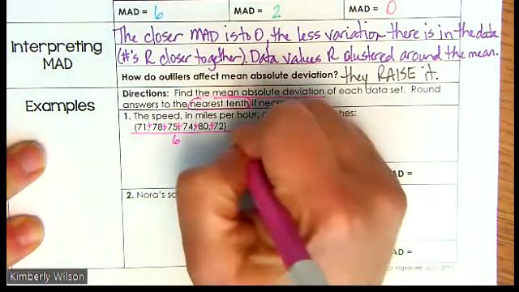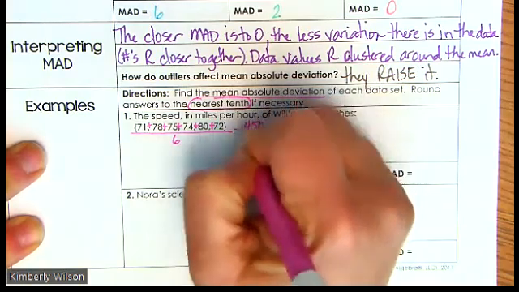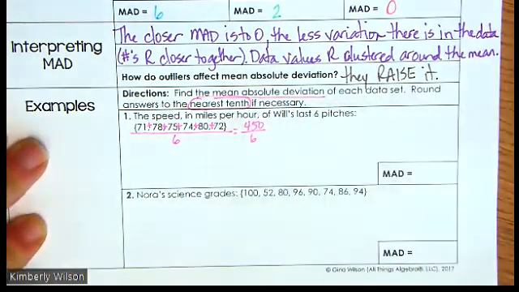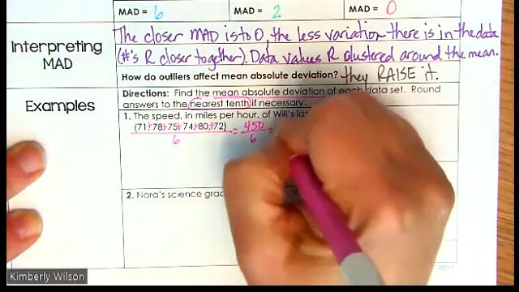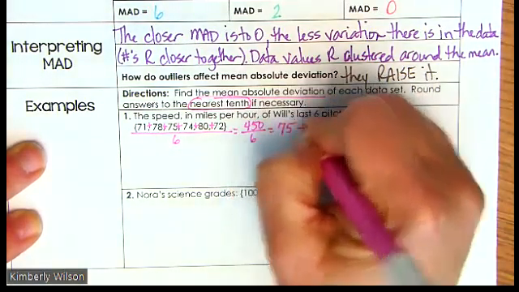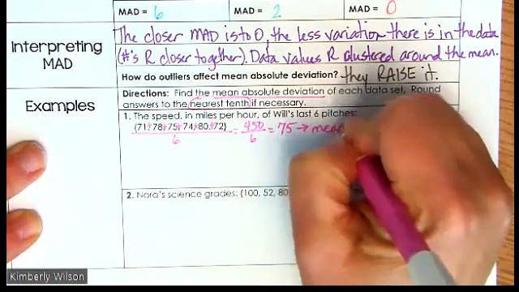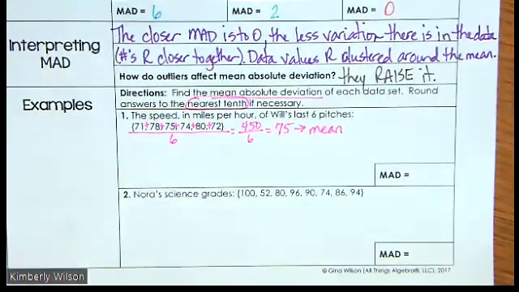Enter. So that gives me 450 divided by 6, which gives me 75. So 75 is the mean. So now I've got to find the MAD.